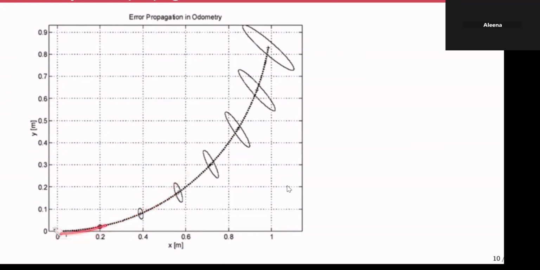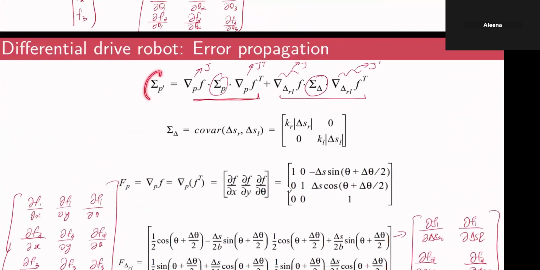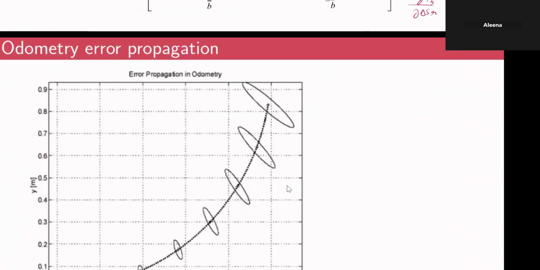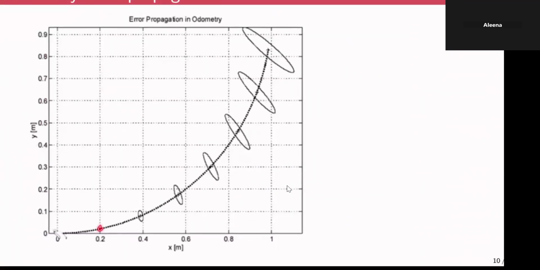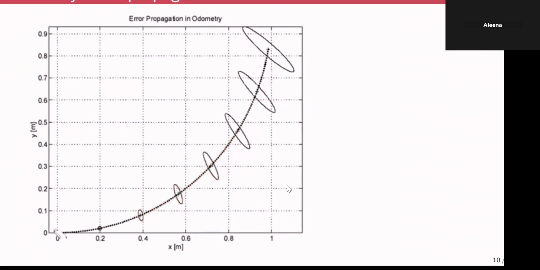So as the robot moves, the uncertainty gets accumulated. As it moves here, it gets a small uncertainty, and as it moves along, it keeps on accumulating uncertainty.